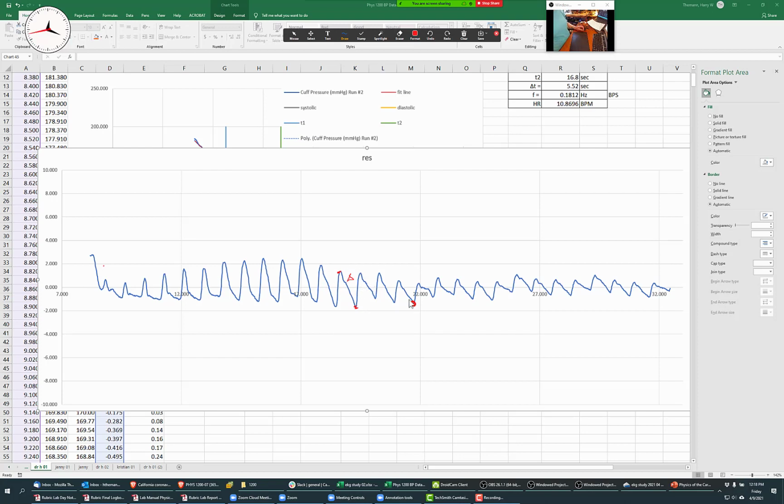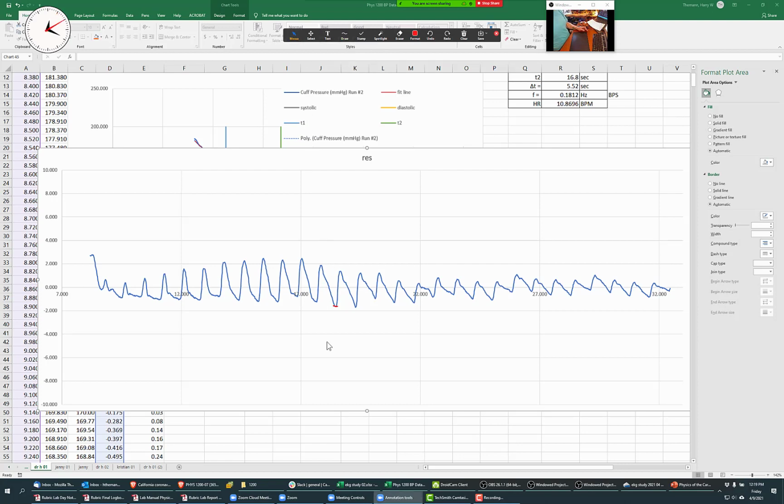So anyways, the point is now we decide on a criteria. So if I use my new criteria, I might decide that it's here. And then I have to find out where that is on the main graph, because with the background subtraction, I don't know the actual pressure here.